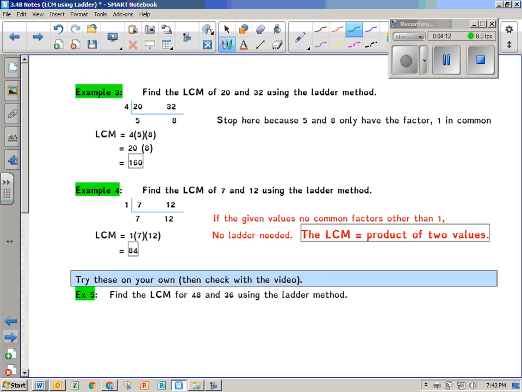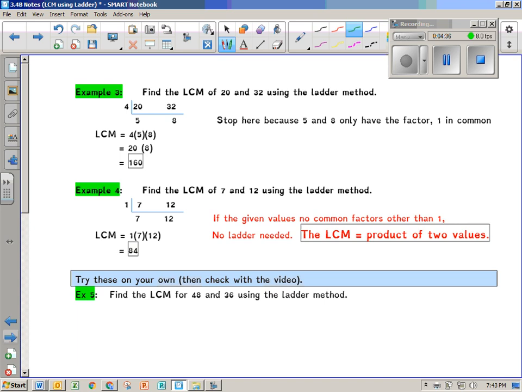Here's another couple of examples looking for LCM. Remember, when you see 20 and 32, if you're thinking 4, you're thinking about greatest common factor. That's the greatest number that divides evenly into 20 and 32. Remember, we're looking for numbers that 20 and 32 are factors of. They go into something else.